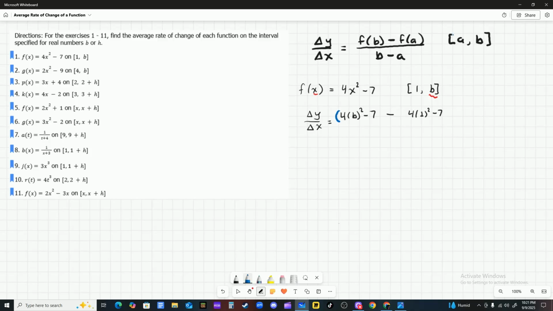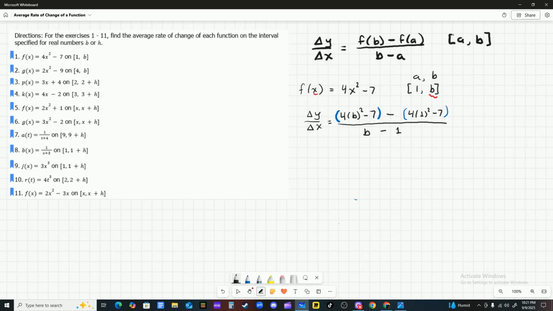So we have f of b right here, and f of a right here, which is just f of 1, because our value for a is 1, and our value for b is just b. We're going to take this quantity and divide it by b minus a, which is b minus 1.